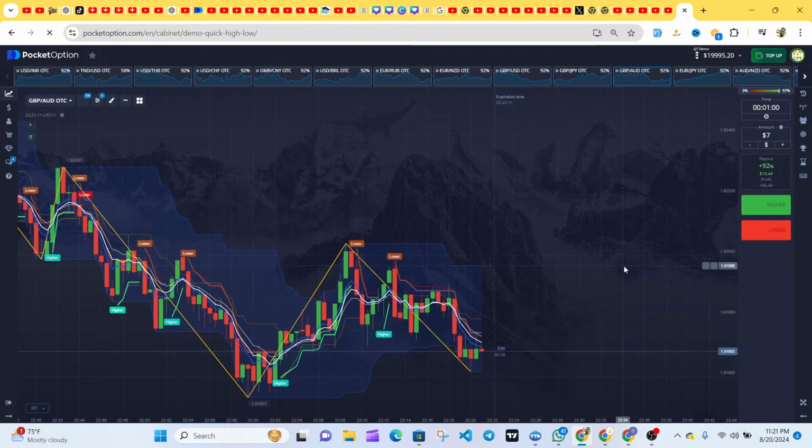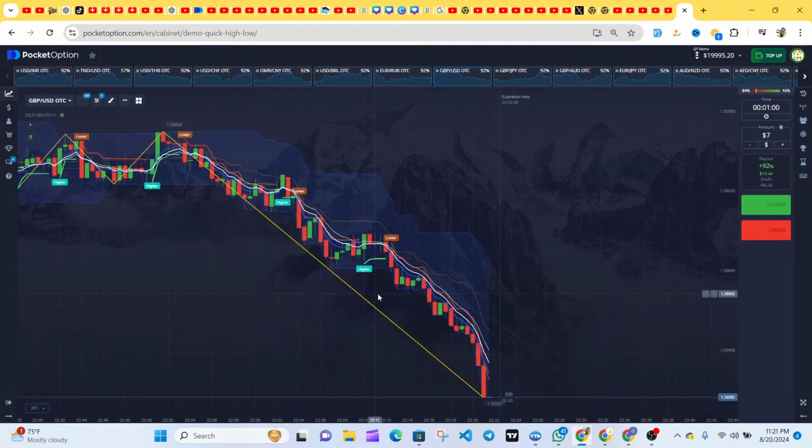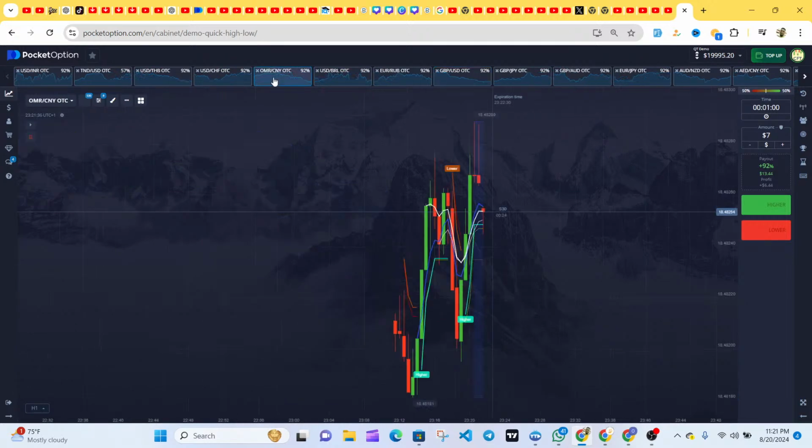Let's look for another place. I'm just looking for a place where the indicator will print and we can take a buy. Ah, this market is really slowing down seriously. Let's leave this one. Let's see if we can take a sell here.